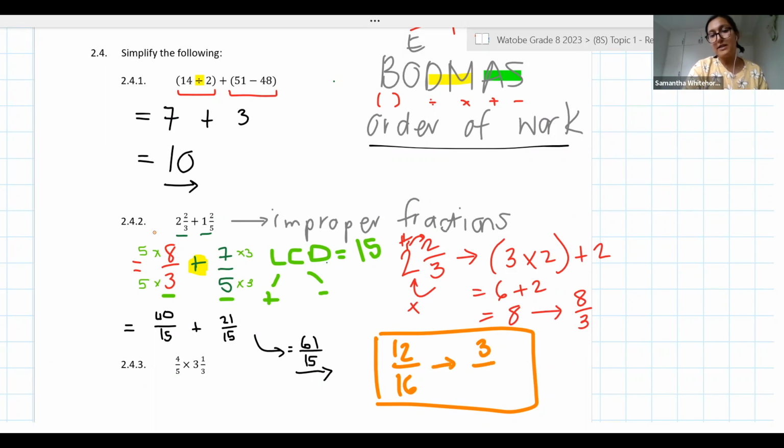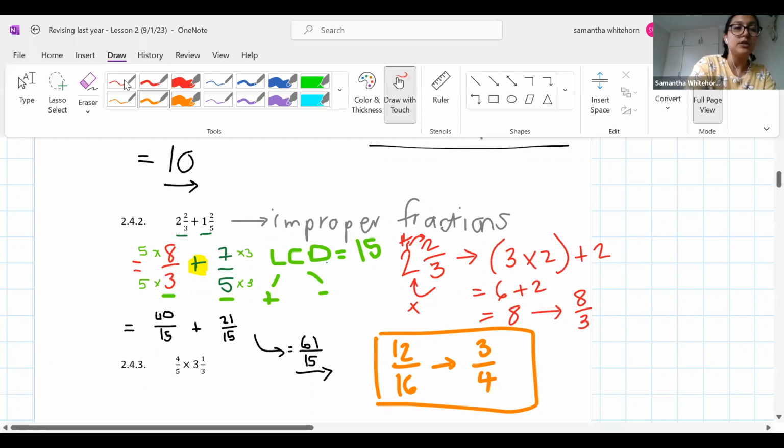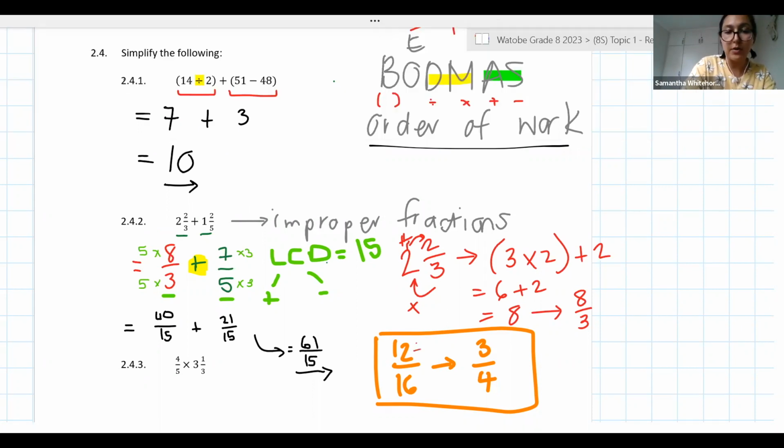And if I divide 16 by 4, I get 4. And so if you want to simplify a fraction, you need to see if there's any value that you can divide into both numerator and denominator in order to simplify it. So just to remind you here, what I saw was that I could divide both of these by 4, and it simplified my fraction for me.